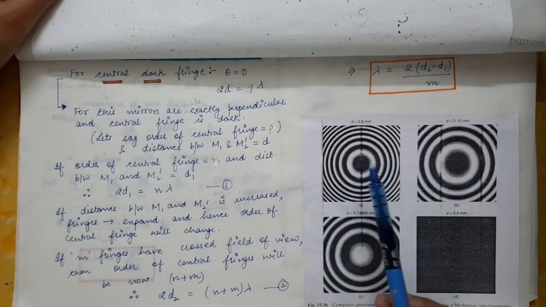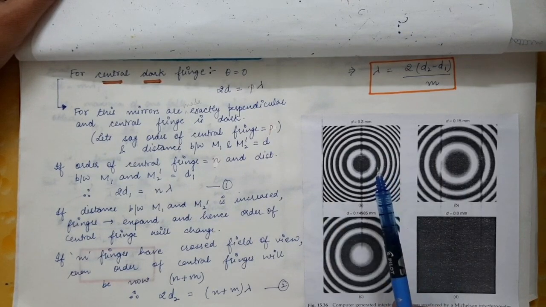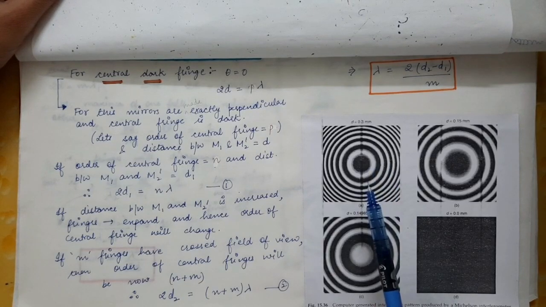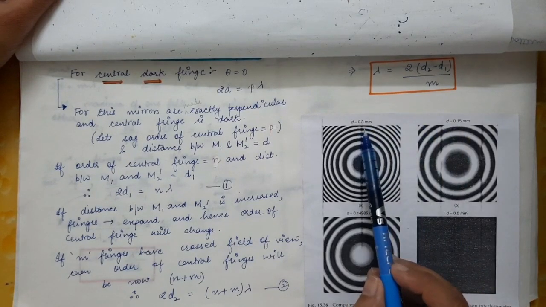So the case that we had done was only for the dark fringe. You can also do it for the bright fringe and calculate the angles at which the bright fringes will be observed. Now this was for 0.3 millimeter.